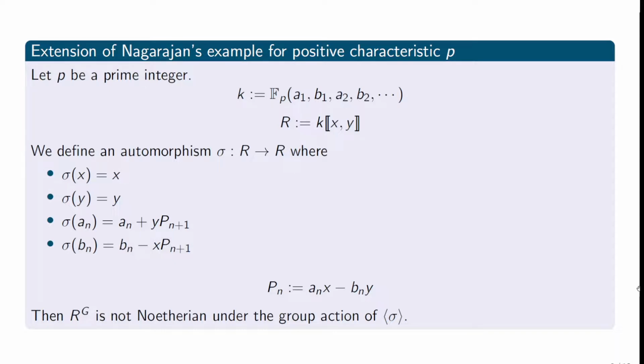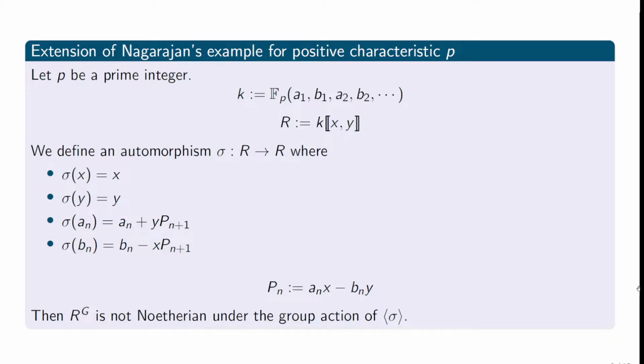So we were trying to find a class of counterexamples. What this means is I'm trying to find Noetherian rings, and specific finite groups that act on them, such that the invariant rings we get are non-Noetherian.